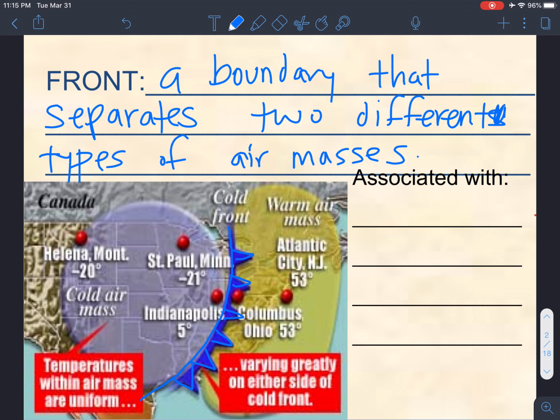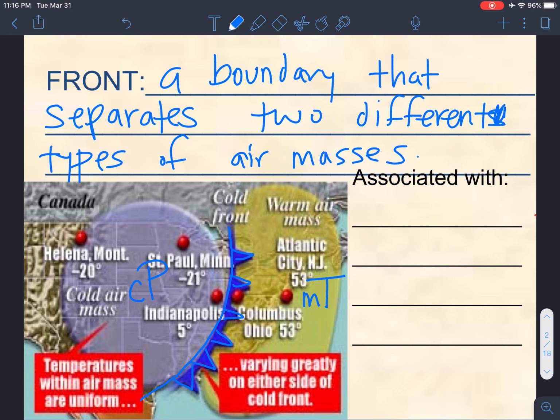So that is most likely going to be a continental polar air mass. On the right-hand side, you'll notice that the temperatures are a lot warmer and they're also near the coastline, so they're most likely going to represent a maritime tropical air mass. So you have these two different types of air masses that are hitting one another, and often you're going to have different types of storms and things like that.